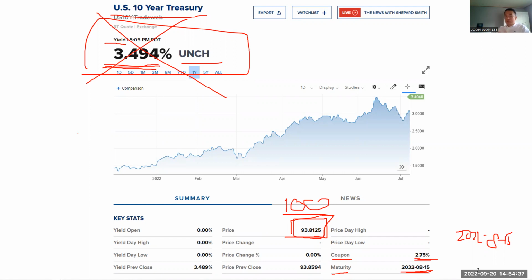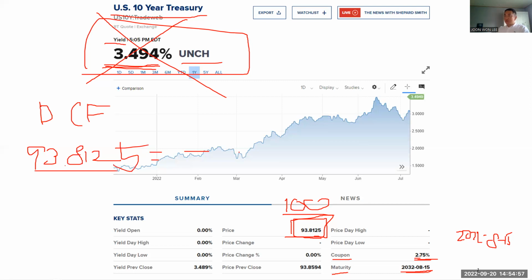So you remember discounted cash flow, right? The present value is this current price, 93.8125. This is the present value of the cash flows of this 10-year bond. Every year you are supposed to receive $2.75 for $100.